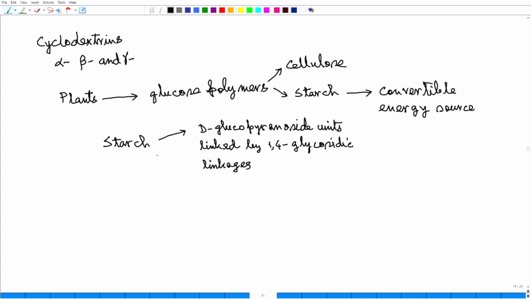Okay. While the other has both 1,4 and 1,6 glycosidic linkages.